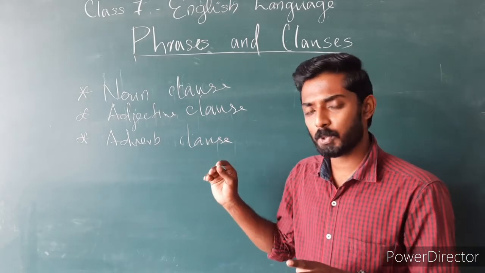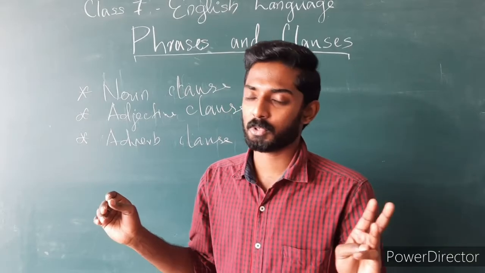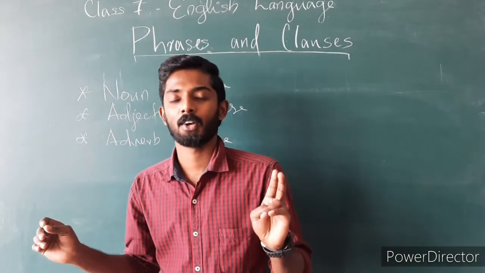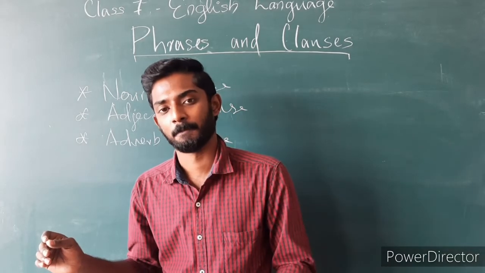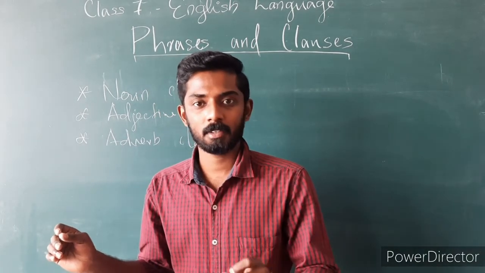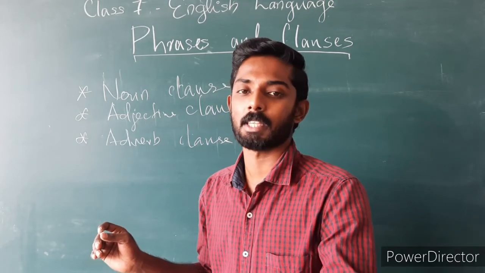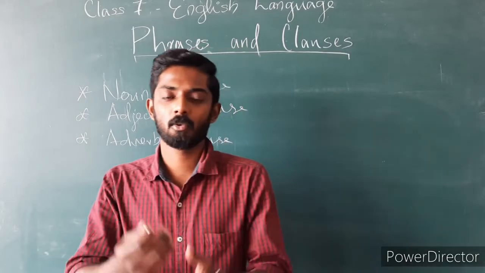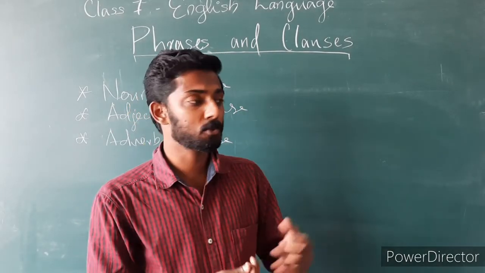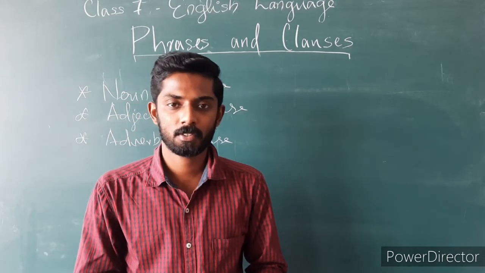In adverb clause we have seen adverb clause of time, place, reason, manner, comparison, and the last one, result. So we have seen all these, and this will be the end of the session and also the chapter, and we will see you in the next session.